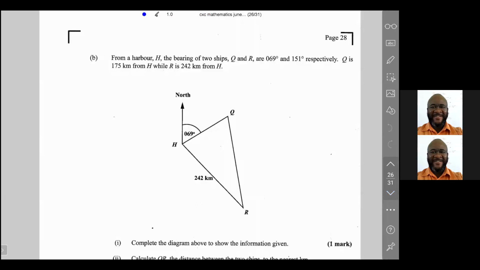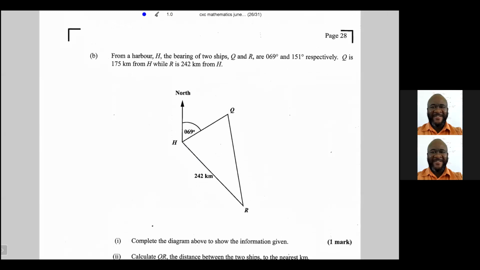All right, let's look at the B part of the question. In the B part of the question, it says from a harbor H, the bearings of two points Q and R are 69 degrees and 151 degrees respectively.